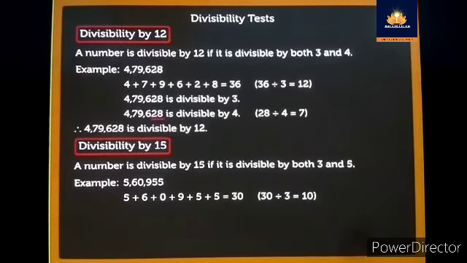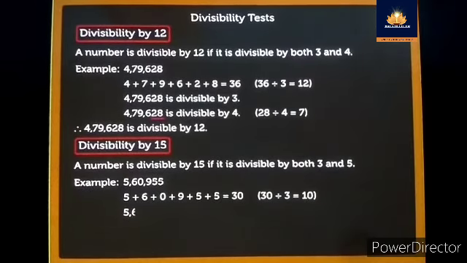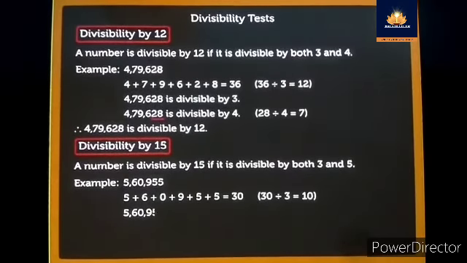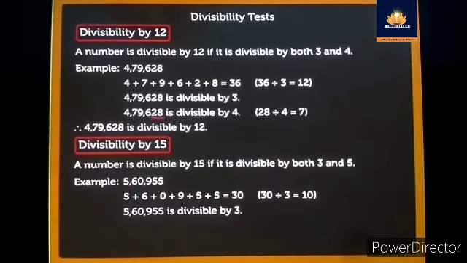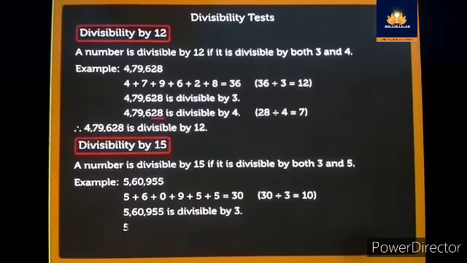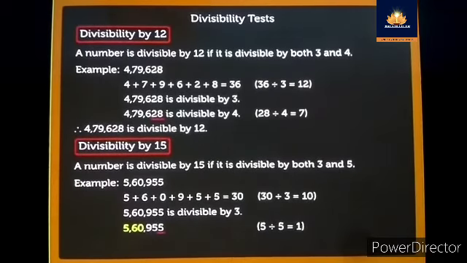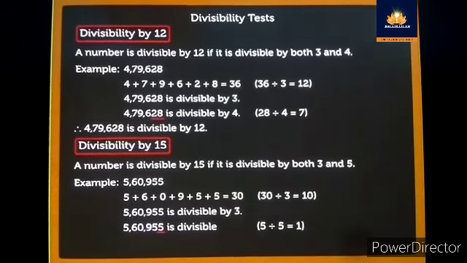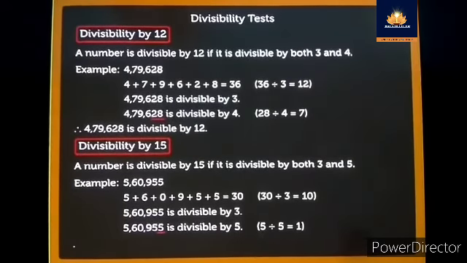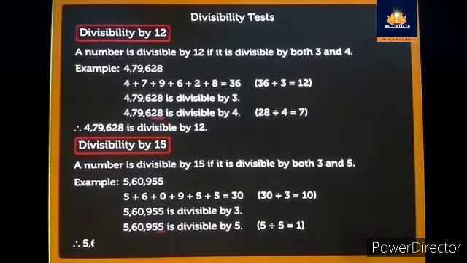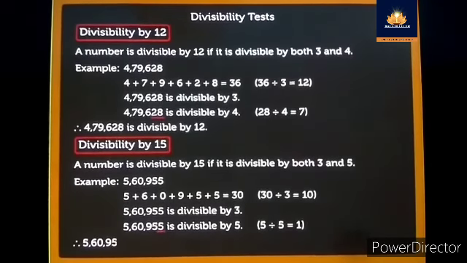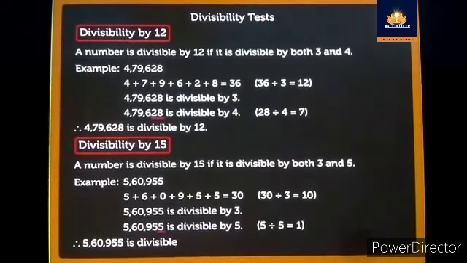Therefore, we say 5,60,955 is divisible by 3. Also, the number ends in 5. Thus, 5,60,955 is even divisible by 5. Hence, 5,60,955 is divisible by 15.